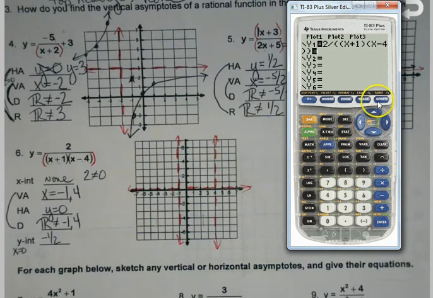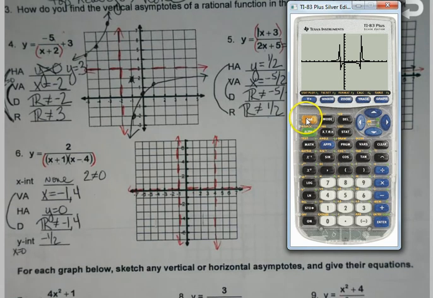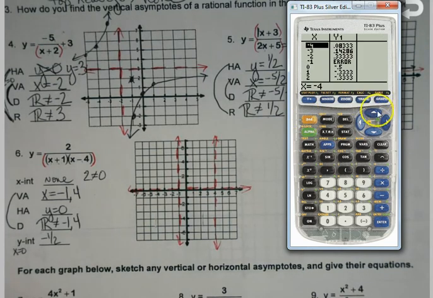And then again, we'll get a look here pictorially at how funky this looks. Horizontal at 0 looks good. Vertical at 1, vertical at 4. But again, my actual picture won't look this way. And if you're ever looking at these and you really want a closer look, you can go to halves or something like that.